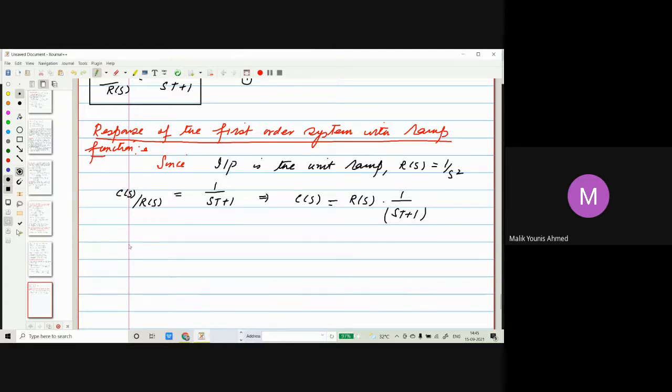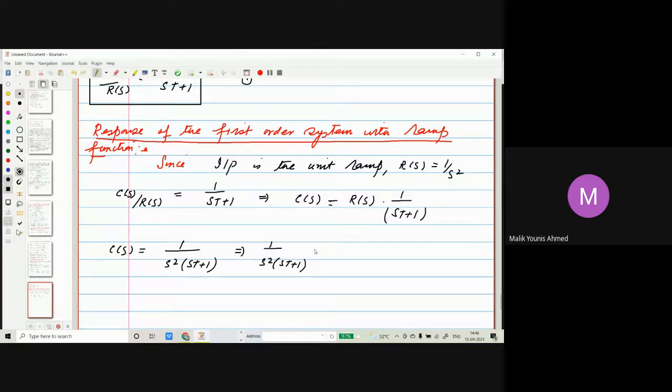So we can write C(S) will be, instead of R, 1 by S square into ST plus 1. So this we can put in the partial fraction, that is, 1 by S square (ST plus 1).